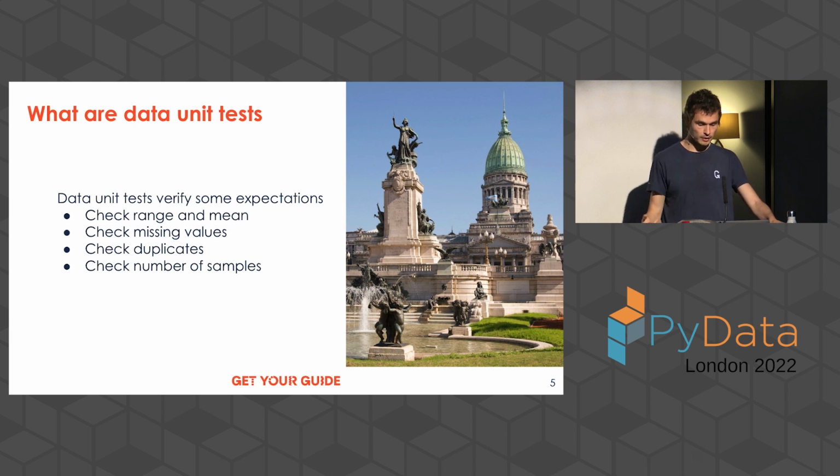You might want to verify that you do not have missing values, or maybe not too many missing values. You want to verify that you do not have duplicates in some columns, or that the number of samples is reasonable. If suddenly your number of samples jumps from around 10,000 to 10 million, probably some join condition has been done wrong somewhere in the middle.